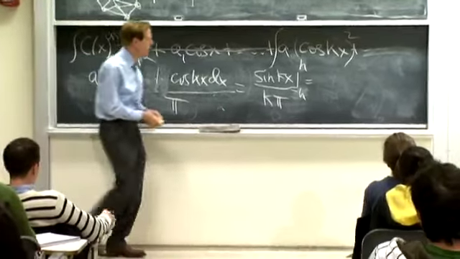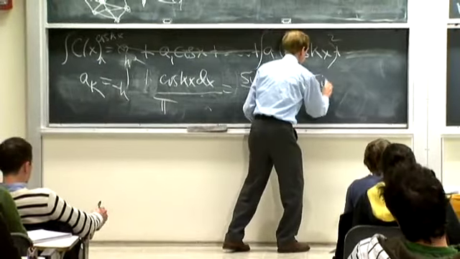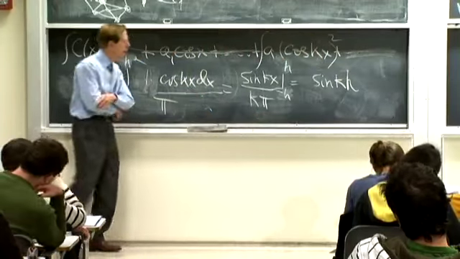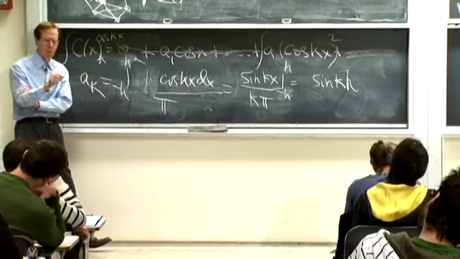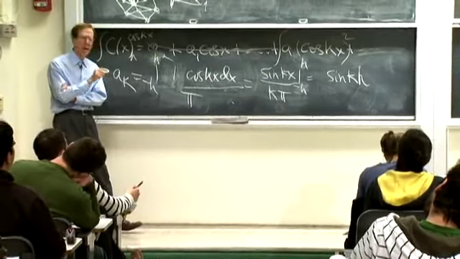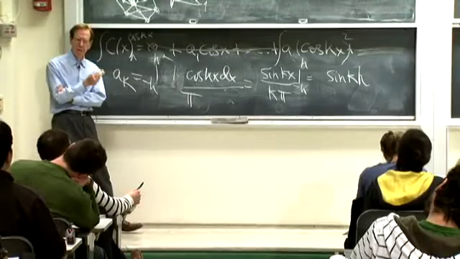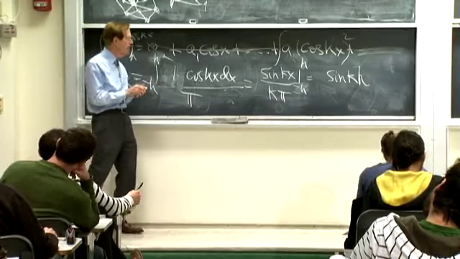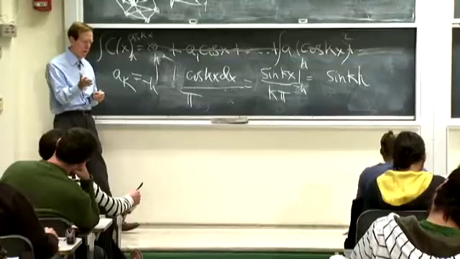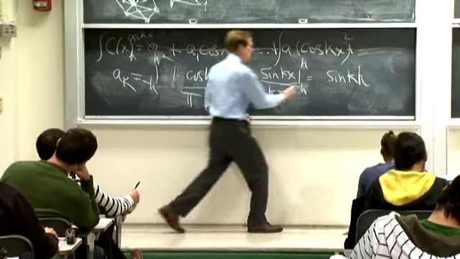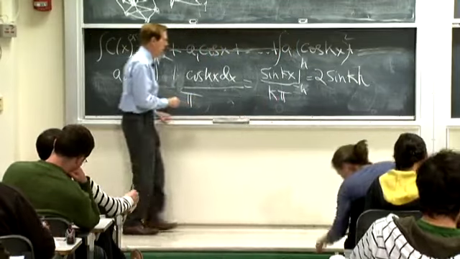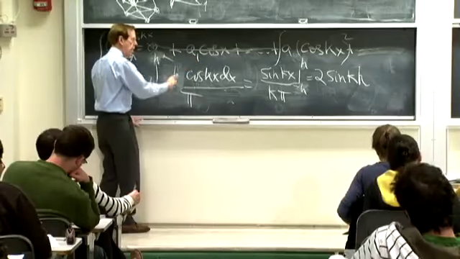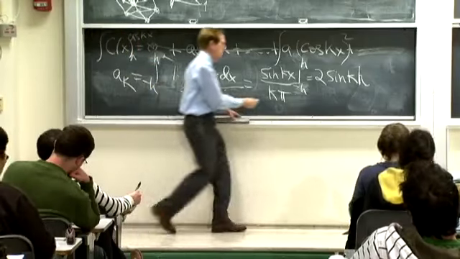I get sine kh at the top. And at minus, I want to subtract. What is the sine of minus kh? It's negative, right? So as I expect with an even function like cosine, I'm just getting twice. I could take it from 0 to h, and it would give me one of them, and the other one, yeah, and divide by k pi.